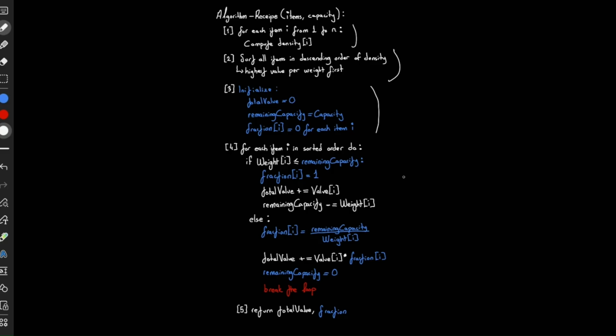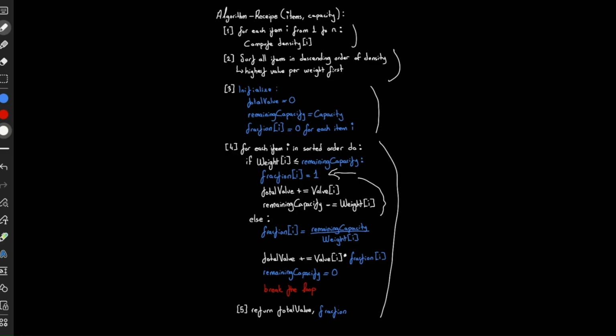And then we will iterate through the sorted array. And for each element we will look if the weight of that item is less than or equal to the remaining capacity. If it is the case, then that means that we can take that item as a whole. We don't need to take a fraction of it. And we are updating total value and remaining capacity.